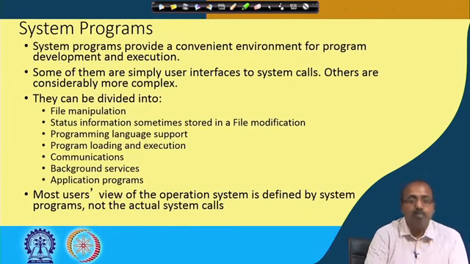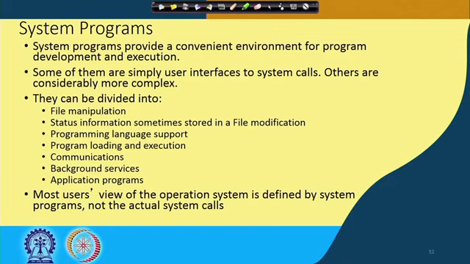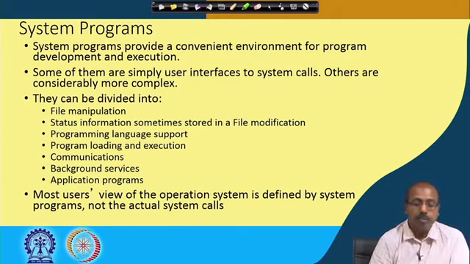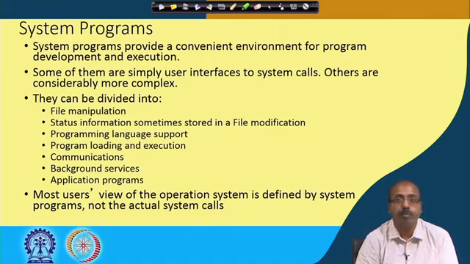System programs provide a convenient environment for program development and execution. Some of them are simply user interfaces to system calls, others are considerably more complex. Some may be as simple as just making the system call, while some programs may be more complex.